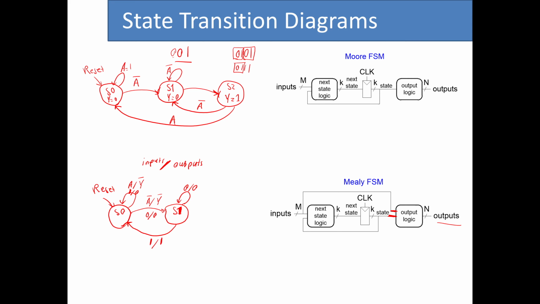So remember, this one is the input, the slash is the separator, this one is the output. So as you can see, by having this option to have the outputs not only depend on the current state, but also the current inputs that we have to our system, we were able to eliminate one of the states.